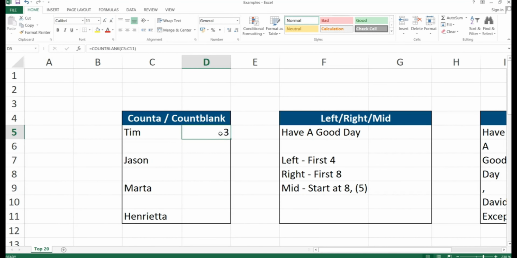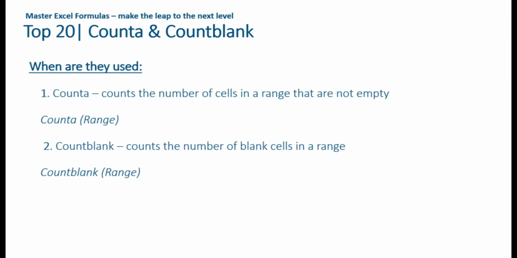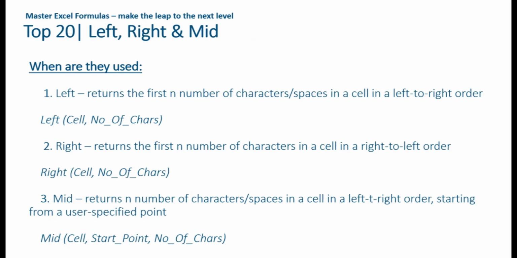Okay, now going back to the presentation, the second set of formulas here is LEFT, RIGHT and MID. These formulas have to do with extracting a specific number of characters from a cell.